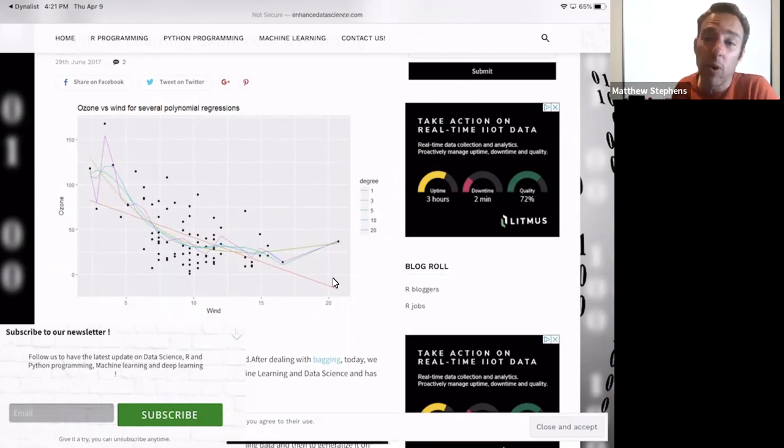One way people decide between models of different complexity is cross-validation. That's part of your homework this week, to try and select between different models or approaches by cross-validation.